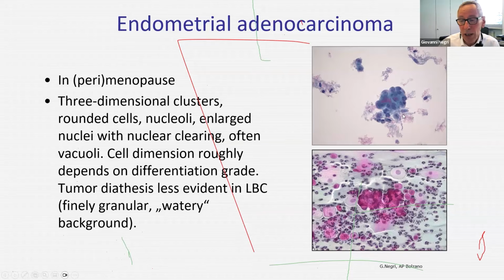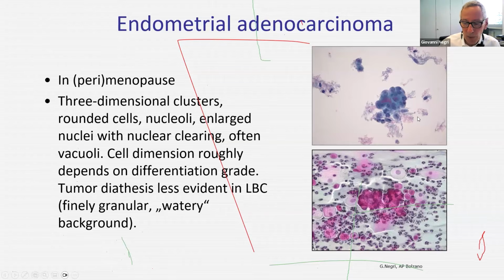Extracervical cancer usually does not show all this tumor diathesis, these evident carcinoma features. In most cases, you have only a few atypical groups of three-dimensional cells. This is quite typical on a clean background, particularly in liquid-based cytology, with often vacuolization of the cytoplasm, nucleoli, and abnormal chromatin distribution.